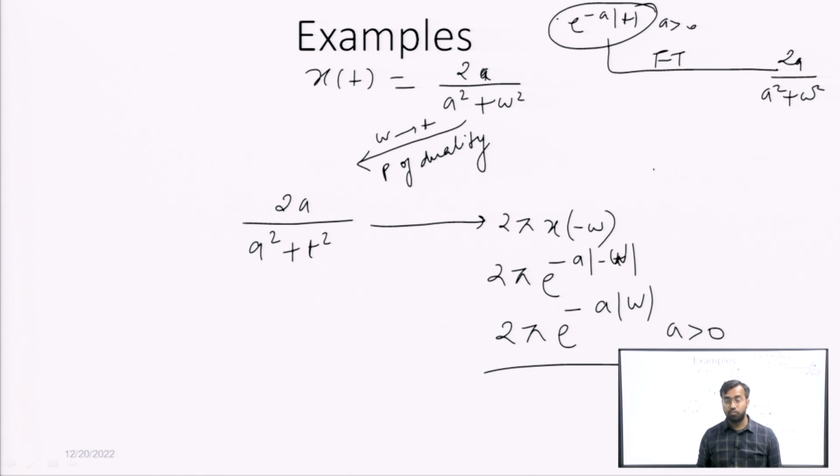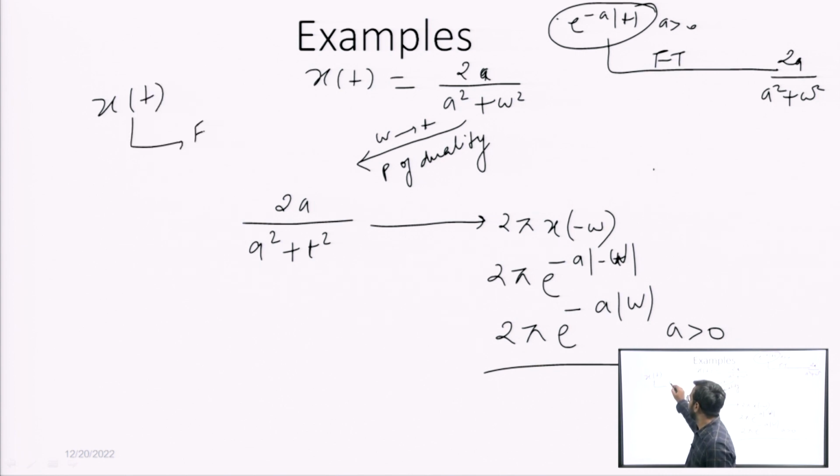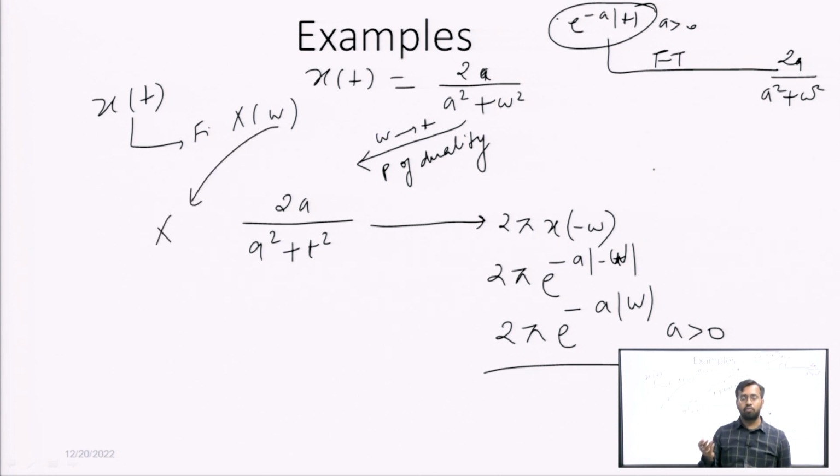See, suppose x t is given, and someone asks you to find the Fourier transform twice, for example x t to x omega, and again someone asks you to find the Fourier transform of this. Means someone asks you to find the double Fourier transform of any function. At that place also we can use the property of duality. How?